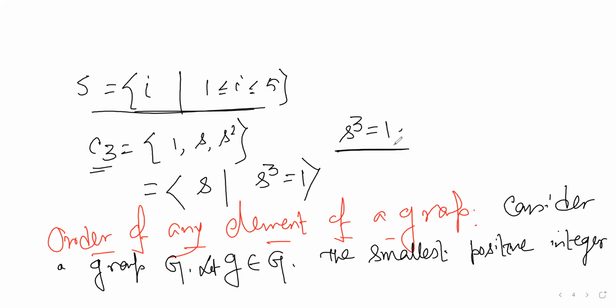Now we already see that S3 equals identity. So the positive integers less than 3 are 1 and 2. But S to the power 1 is not identity, and S to the power 2 is also not identity. So the order of S is 3. Similarly, the order of S2 is again 3.